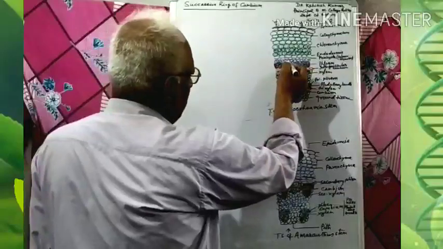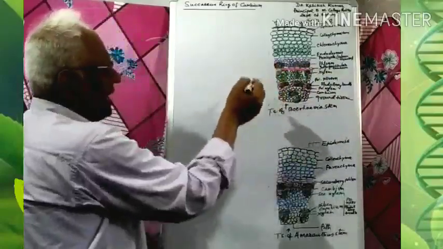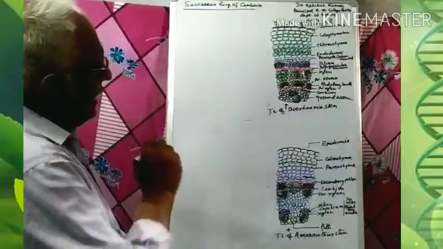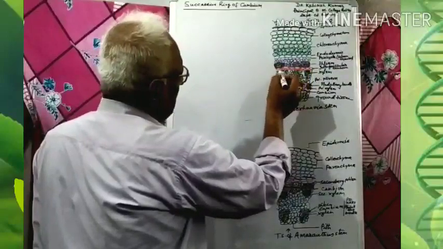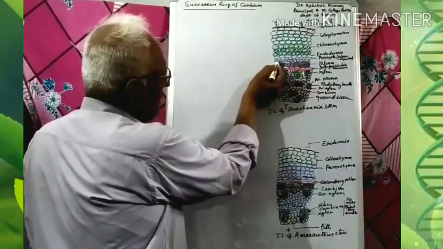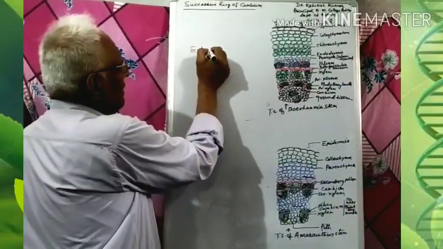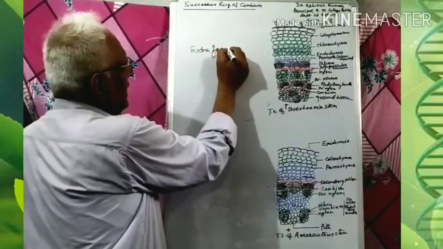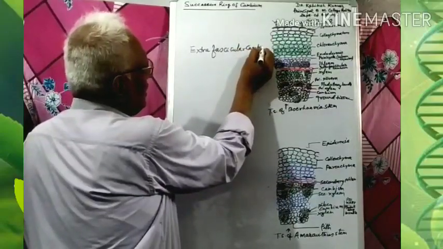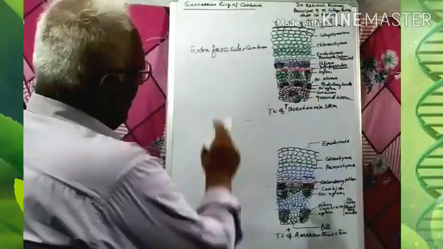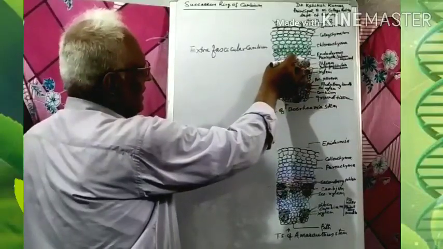Some of these parenchymatous cells become meristematic and they start to cut the second ring of cambium, and the ring of cambium formed secondarily just above this vascular tissue is known as extrafascicular cambium, because it is the portion of newly formed cambium which is outside the first cut secondary phloem.